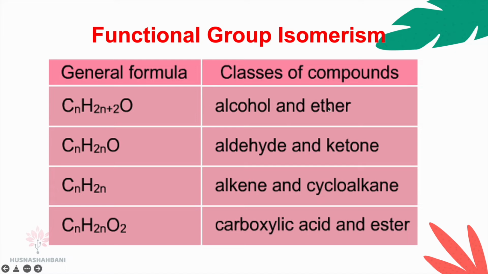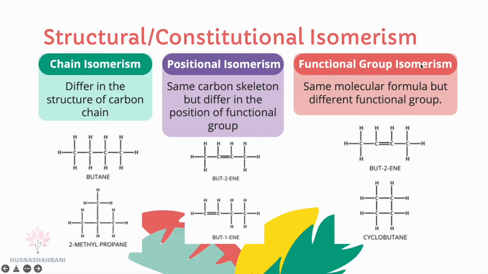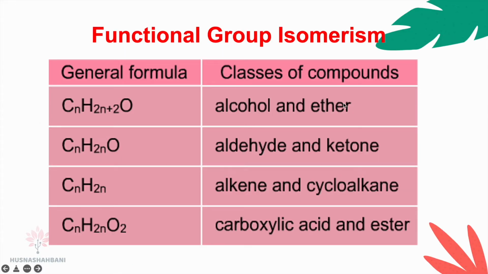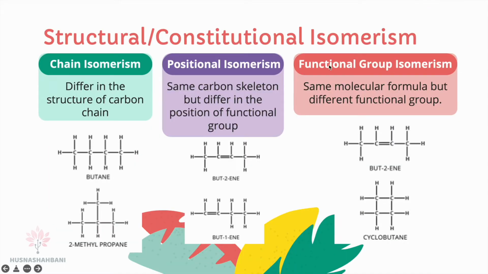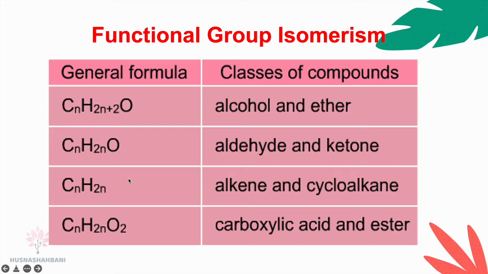So alcohol and ether can have functional group isomerism. Alcohol and ether, aldehyde and ketone, alkene and cycloalkane, carboxylic acid and ester can all have functional group isomerism: same molecular formula but different functional group. These are the general formulas for them.